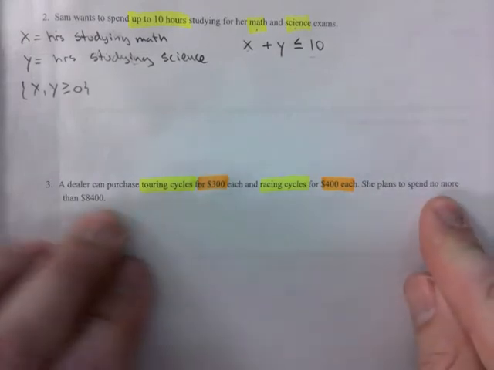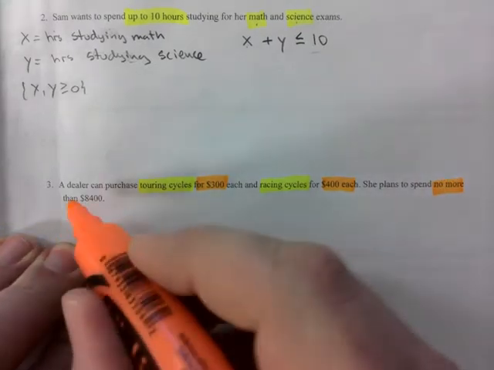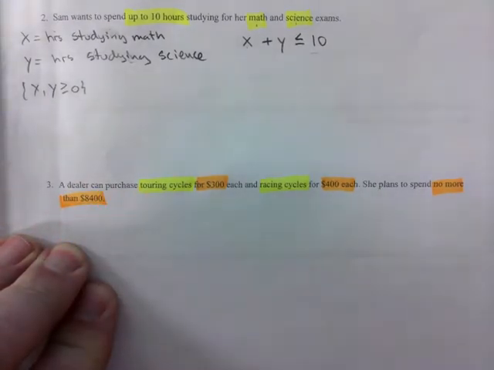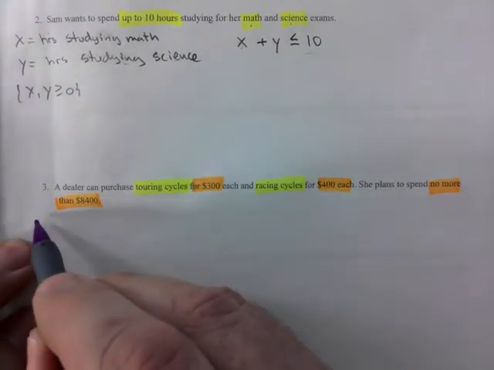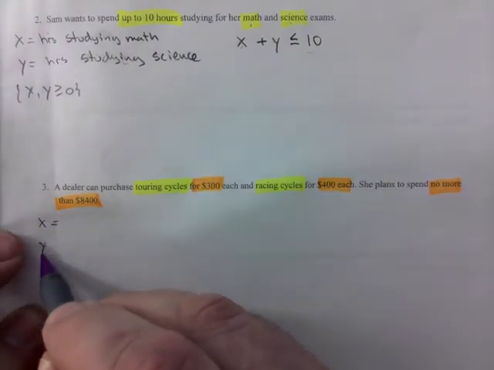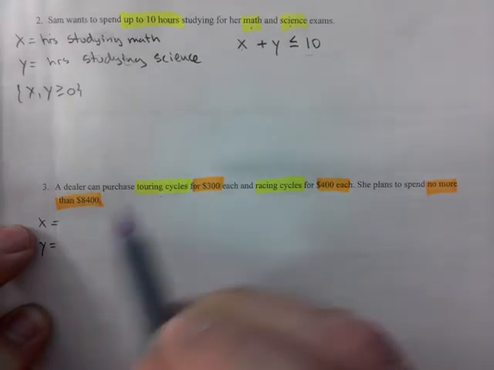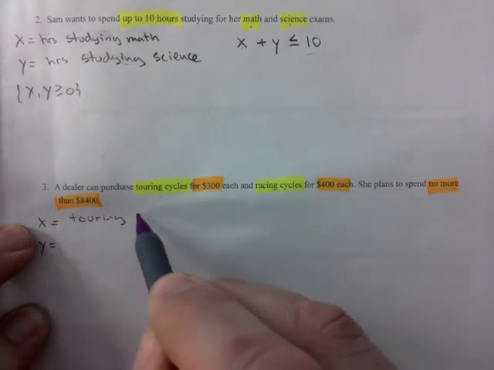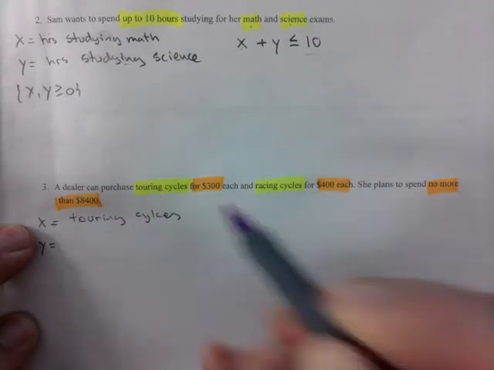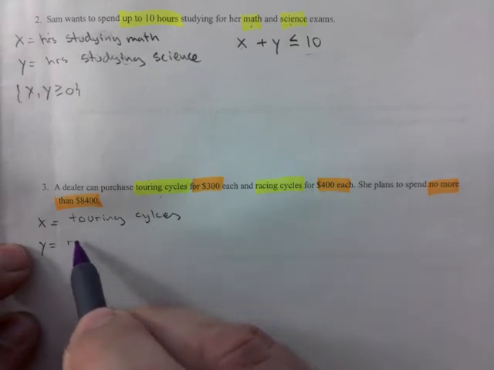She plans to spend no more than $8,400. So there's more going on here. So let X be, what would you say X is? Touring cycles. I might have to change it, but for now I'm just keeping it. And this one is racing cycles.